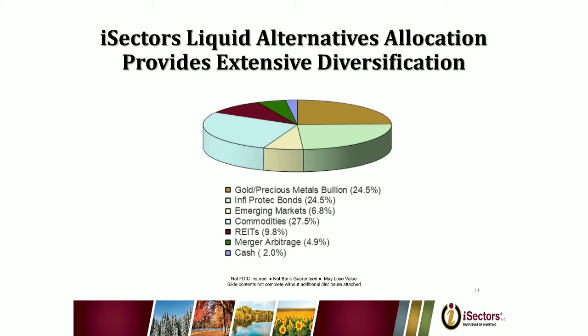This strategy is intended to provide investors first with a hedge against inflation, which may or may not come back. We don't know, but that's the whole point of diversification: be ready for anything that happens. But even in deflationary times, this model has a low correlation to equities, and that makes it a great diversifying allocation.